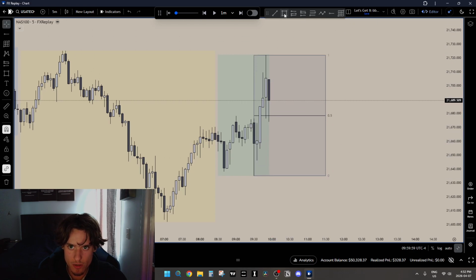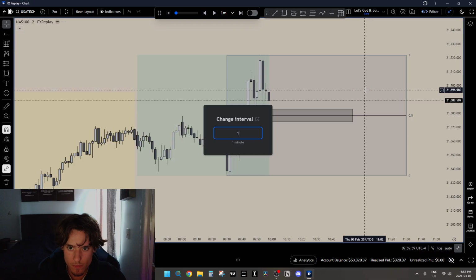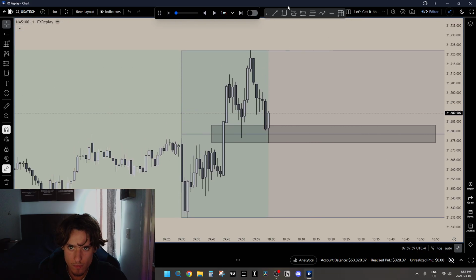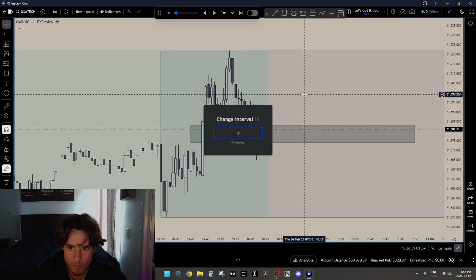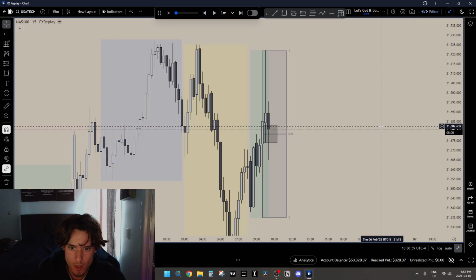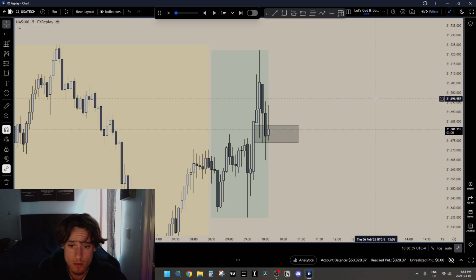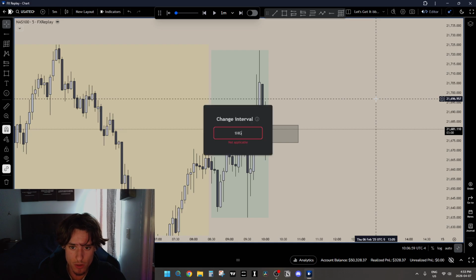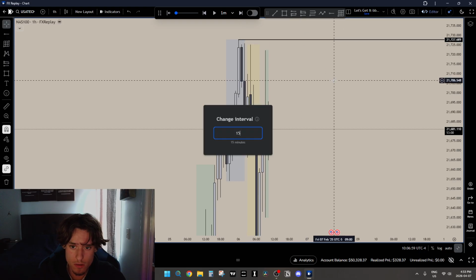Can we actually get an entry here? Yeah, I'll take this. Honestly, not the cleanest. But overall, we're in an uptrend. We have stacked highs up here. That's draws.